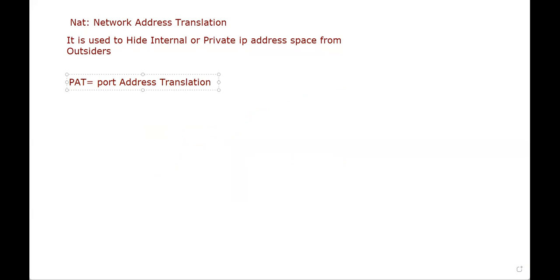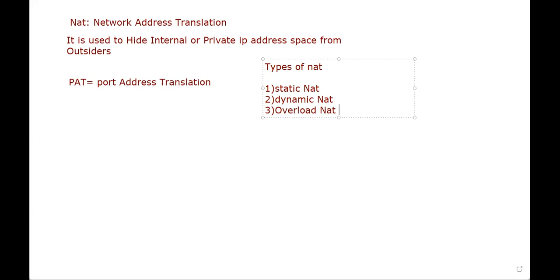If you want to write all 3 types, then the types of NAT are: first, static NAT; second, dynamic NAT, which we are not using nowadays; and third, overload NAT, which is known as PAT actually.